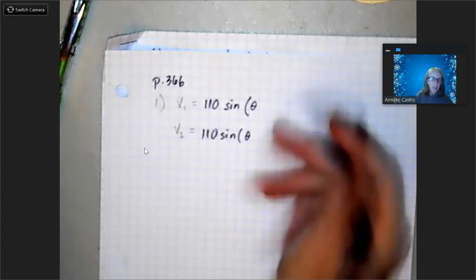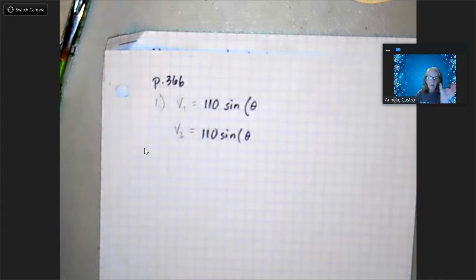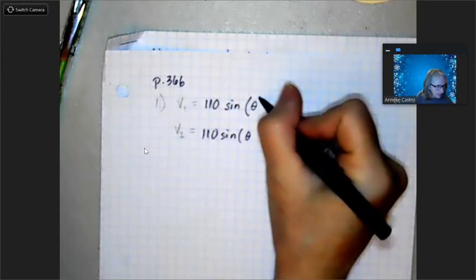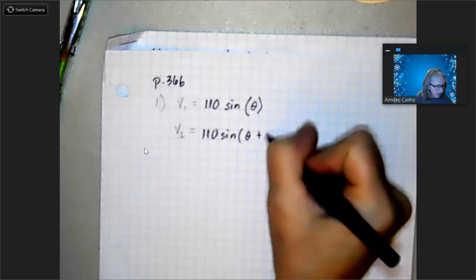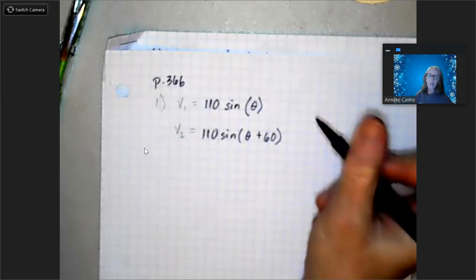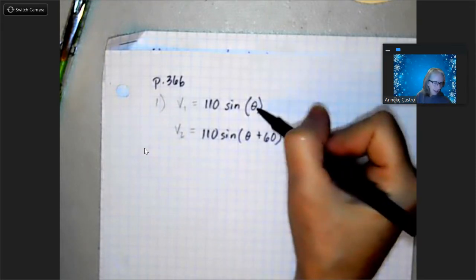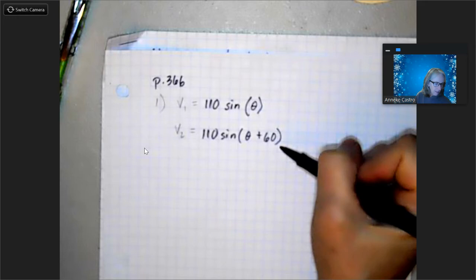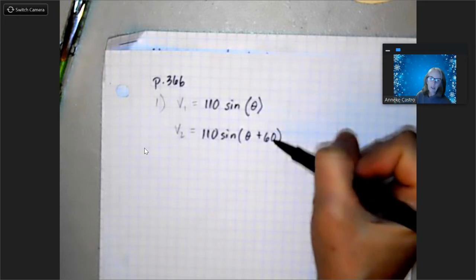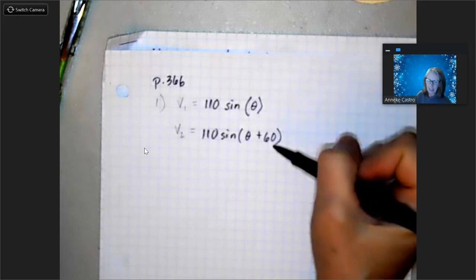So one of them is moved 60 degrees relative to the other. So we're just going to assume one of them is starting at 0 and the other one has a phase difference of 60. It doesn't matter if it's to the right or to the left, just that the difference is 60. That's all that matters. So this would be like theta plus 0, and this is theta plus 60. The difference between the two, the phase shift, is 60.